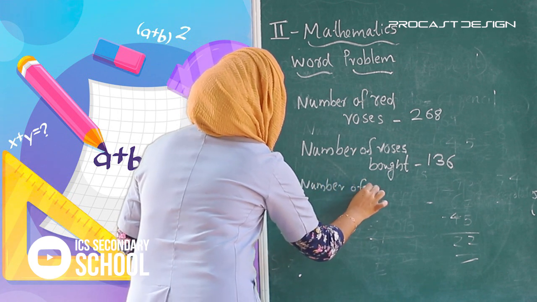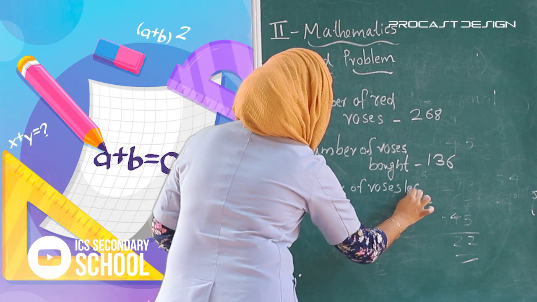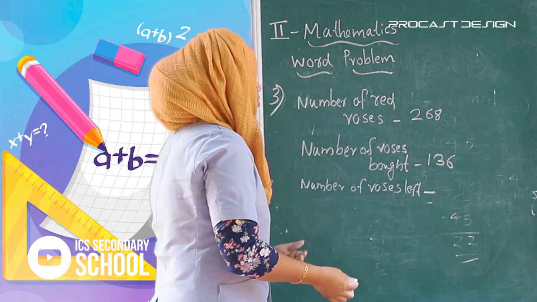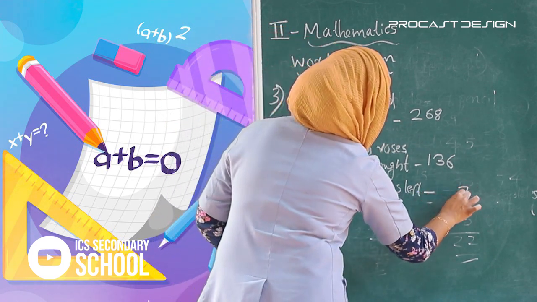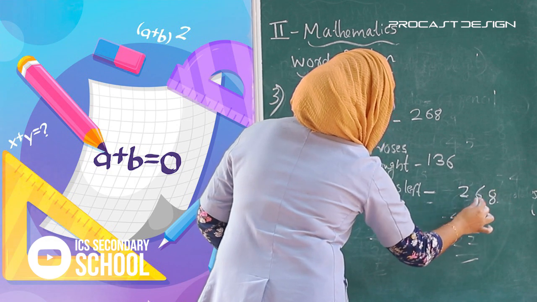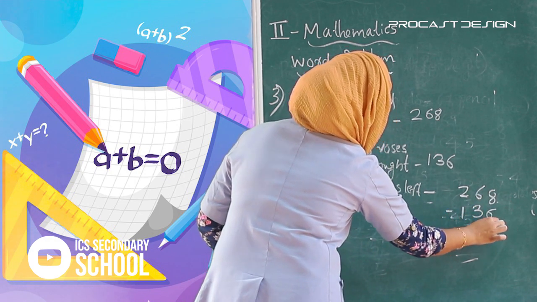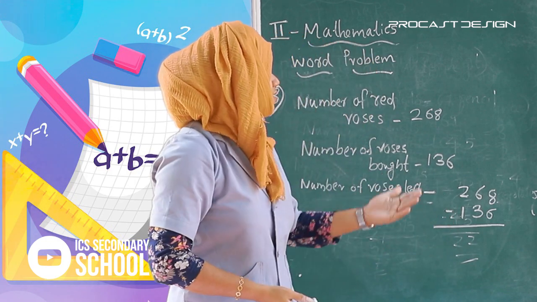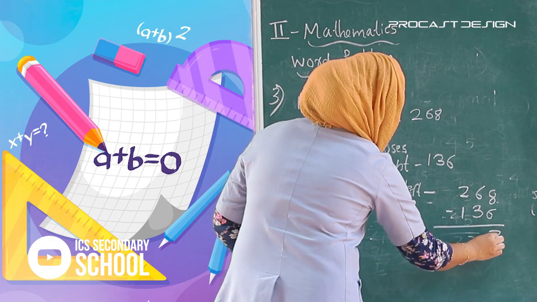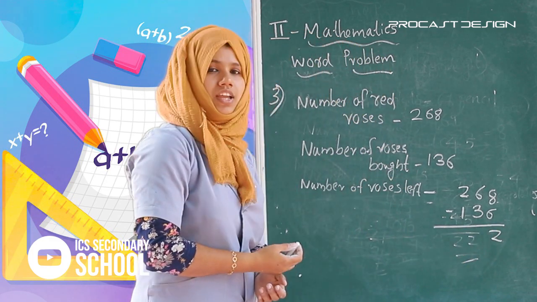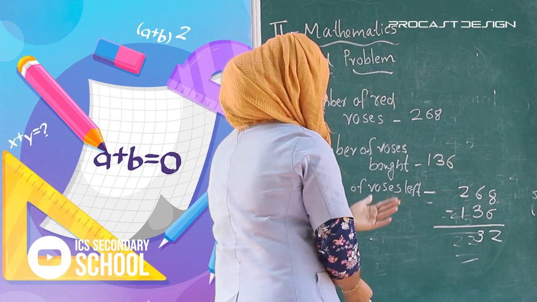Number of roses left. So here we are subtracting the smaller number from the larger number. Eight minus 6 is, yes, 2. 6 minus 3, 3. And 2 minus 1, 1.